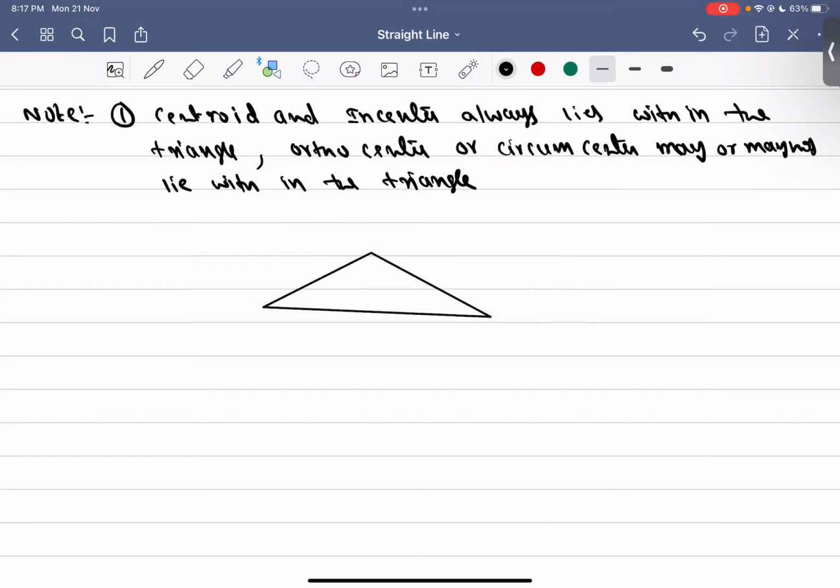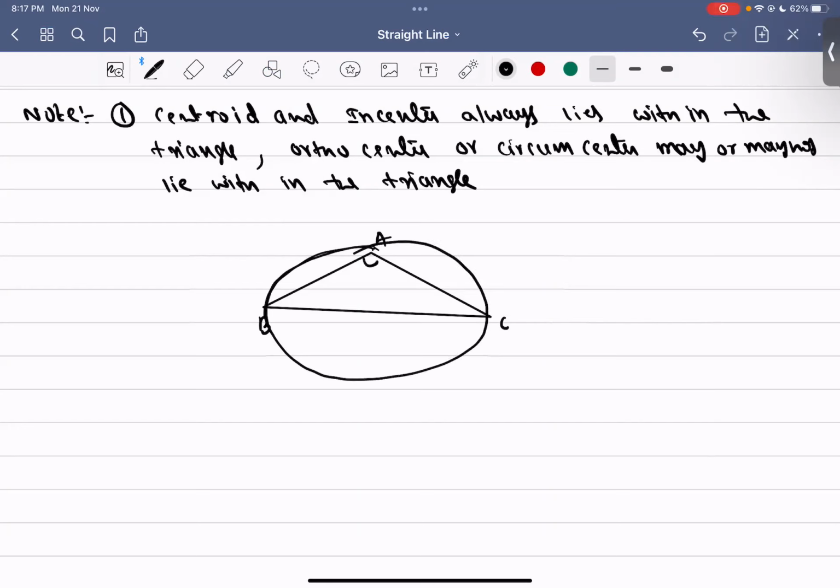Now if you draw a circle which circumscribes this triangle ABC, a rough diagram, manage with the diagram. This is the circle which passes through the vertices.